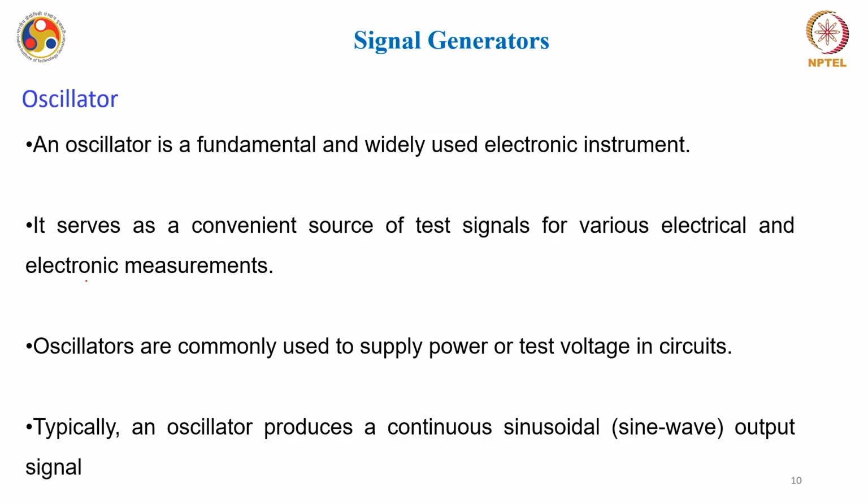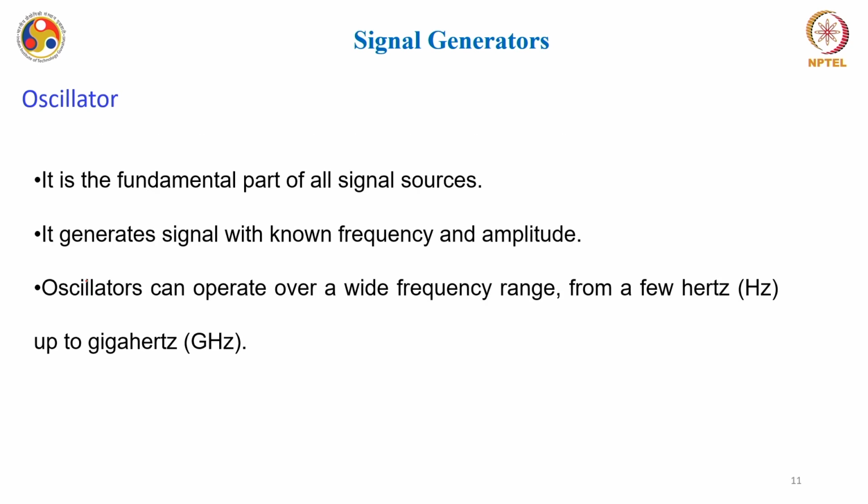Typically, oscillators produce a continuous sinusoidal output signal. It is a fundamental part of any signal source, and we have seen that it is the first stage of any signal generator. It can generate signals with known frequency and amplitude.